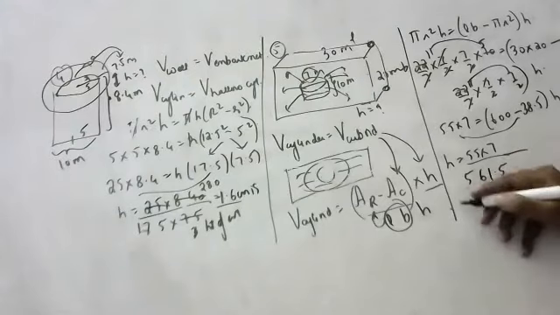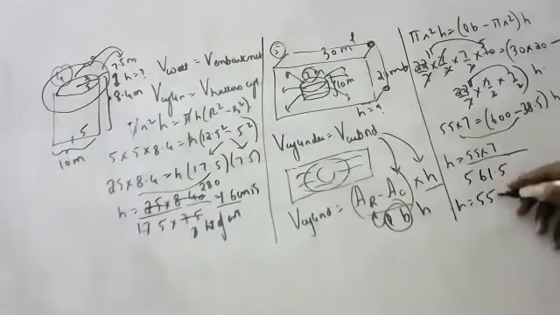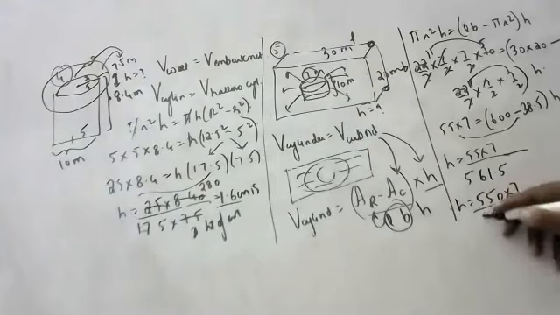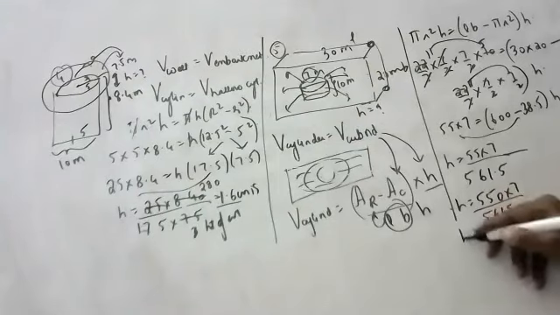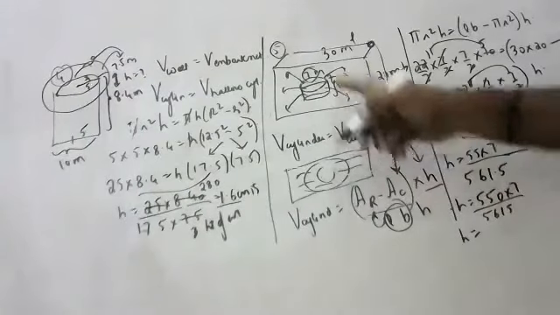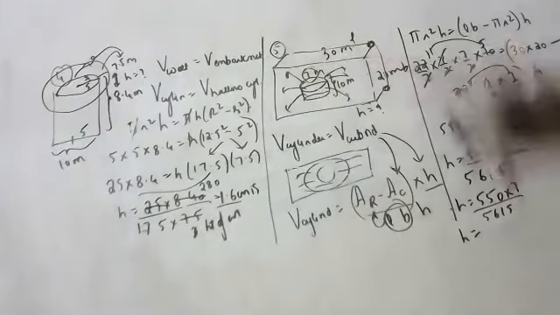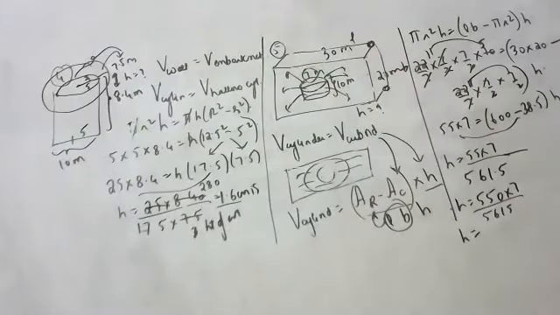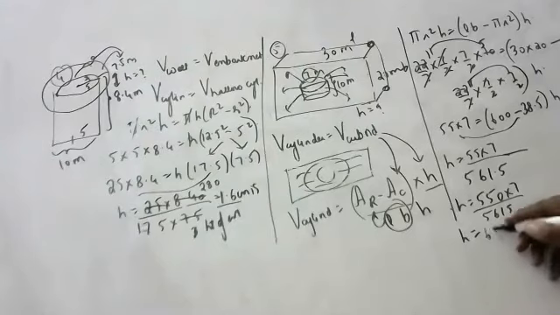If you remove this point, 550 into 7 by 5615 and the height raised, if you put all the sand in this remaining portion, the height rise which is occurring will be equal to, fifth question answer is 68.6 centimeters.